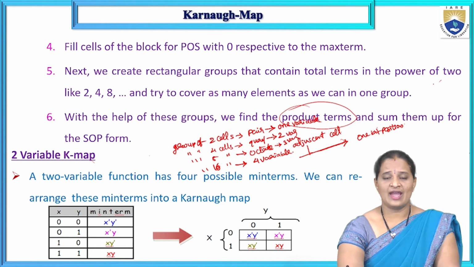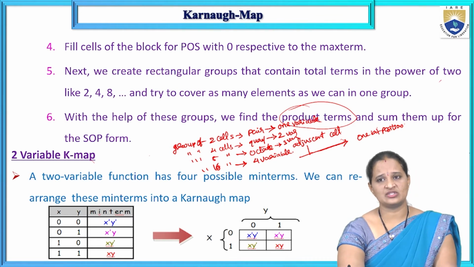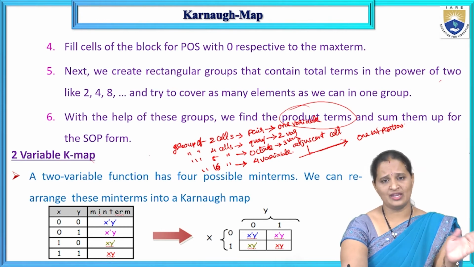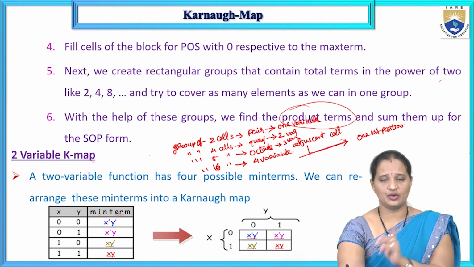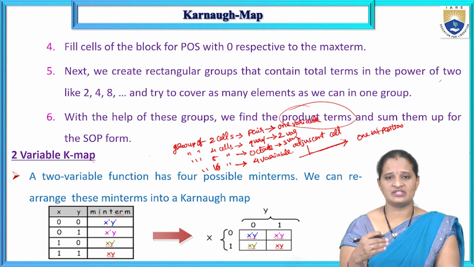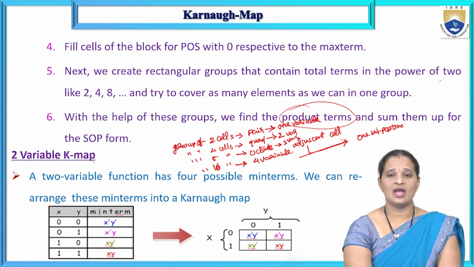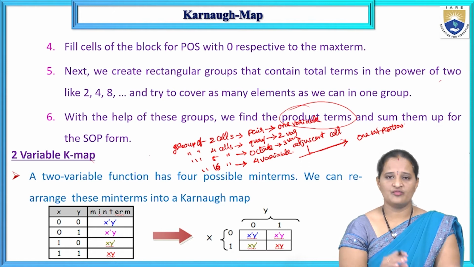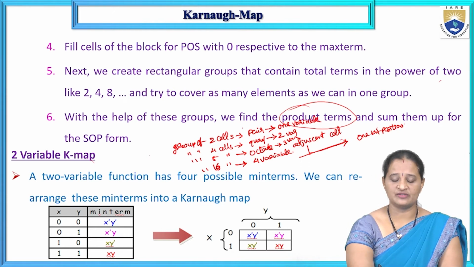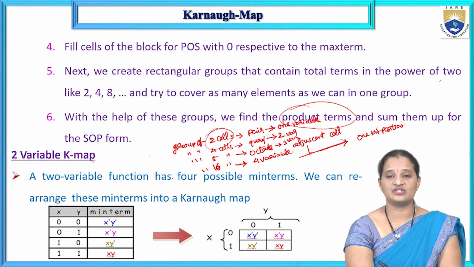Which variable can I eliminate? As I told you, adjacent cells are the two cells which differ by only one variable, and the remaining variables are common to those two cells. So the variable which is varying, we should eliminate. By forming a pair, I can eliminate the one variable which differs between the two cells which we are grouping.